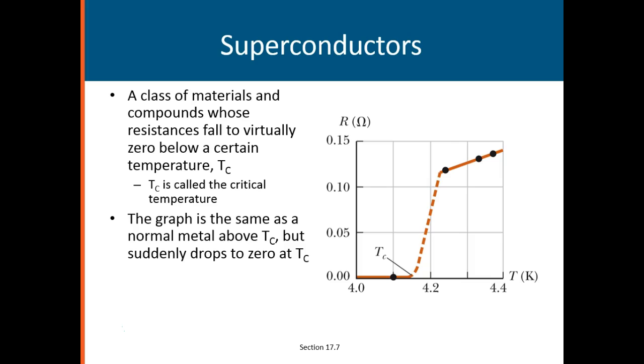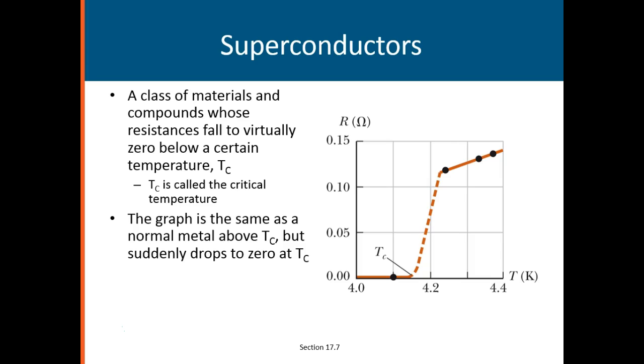All right? Now let's look quickly at superconductors. There is a class of materials and compounds whose resistances fall to virtually zero below a certain temperature. Now that would be the critical temperature. It may differ for different materials and different compounds, so it's not all the same T sub C. But past some temperature for these superconductors, the resistance basically goes to zero.